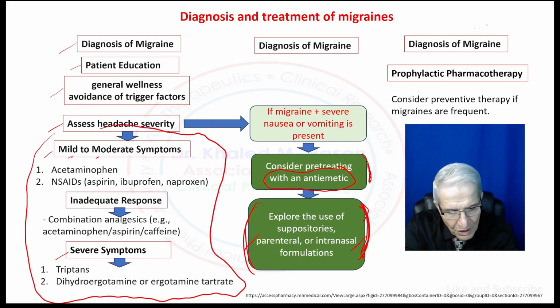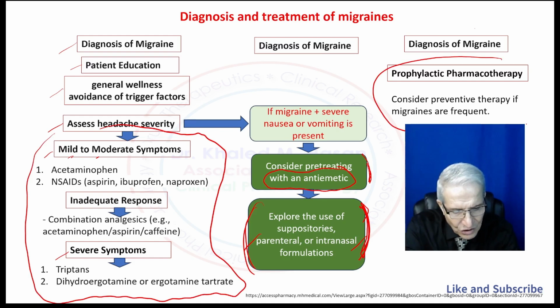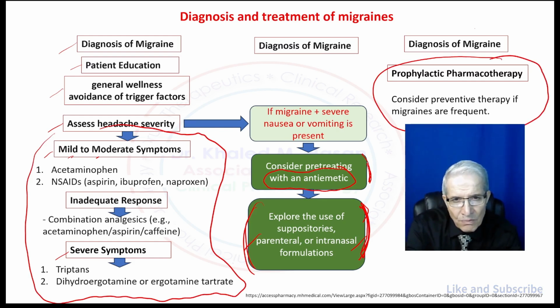Then we have another approach, speaking about prophylactic treatment. So we have two approaches here: treatment and prophylaxis. For the treatment, if the patients have mild to moderate migraine, start with acetaminophen, Tylenol, as you can see here, or we can use NSAIDs such as aspirin, ibuprofen, and naproxen. If this medication is enough, that's good; persist with that.